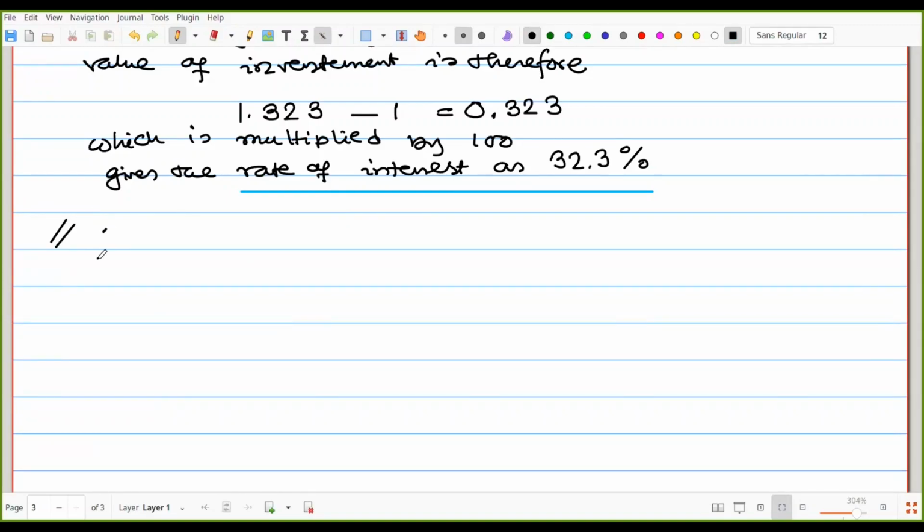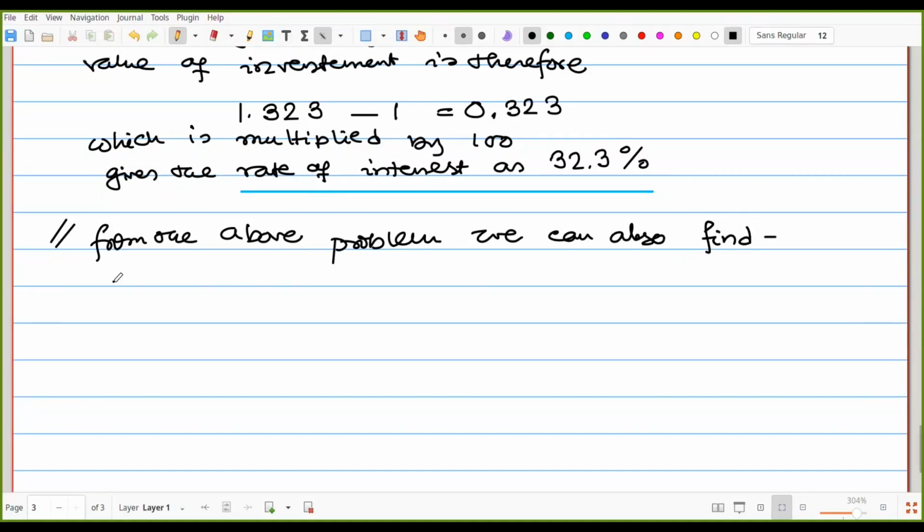That means from the above problem, we can also find the compound interest formula.